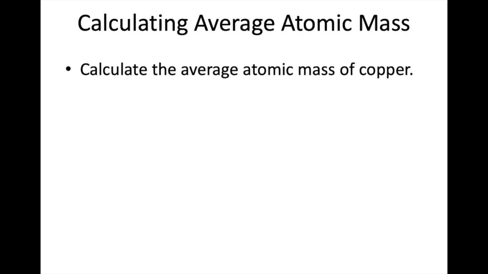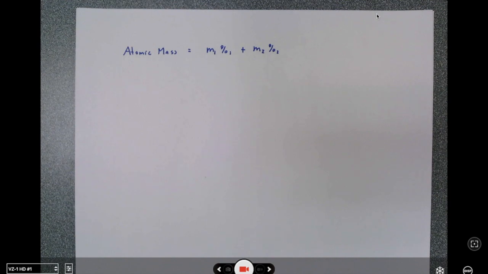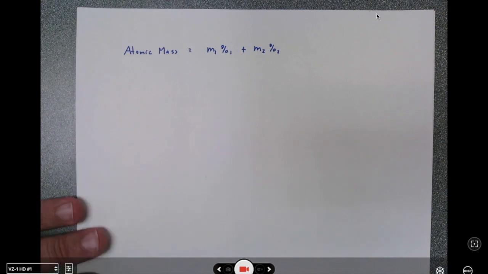Using the information in your note packet, let's work together to find the average atomic mass of copper. Here you can see that we've started with the equation for average atomic mass, and now we're going to substitute in the mass and percent abundance for the 2 isotopes of copper.